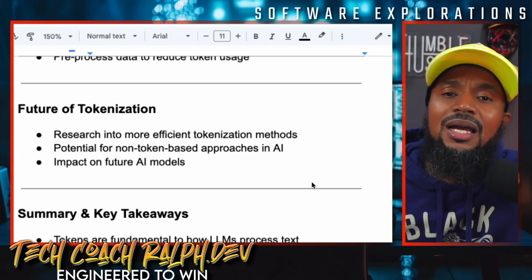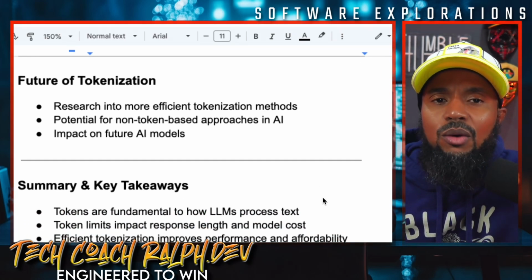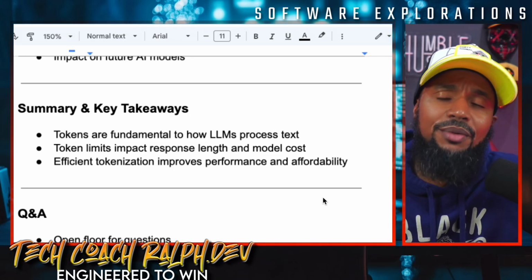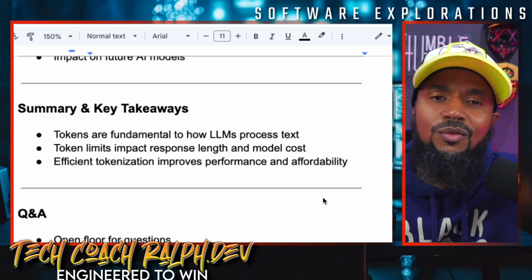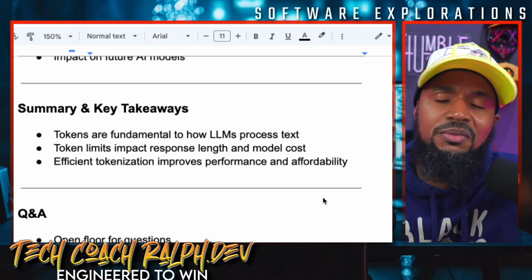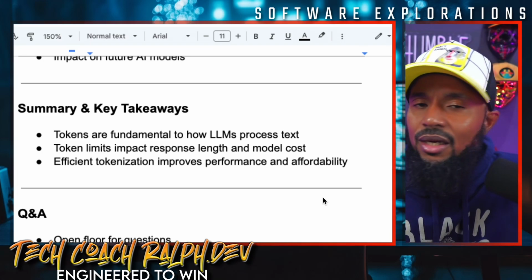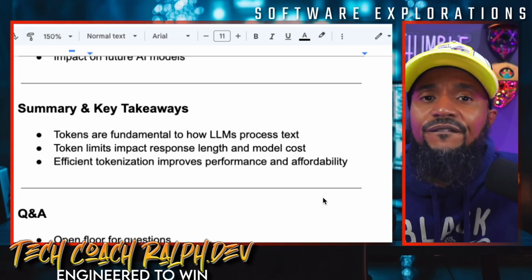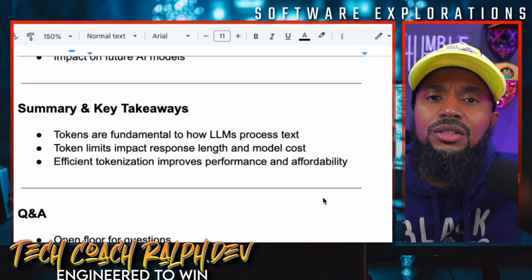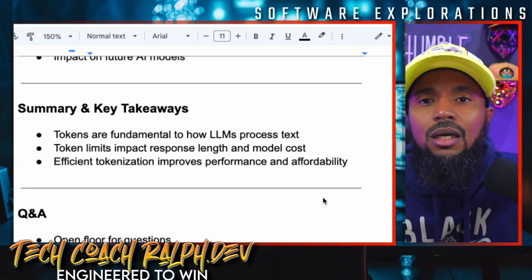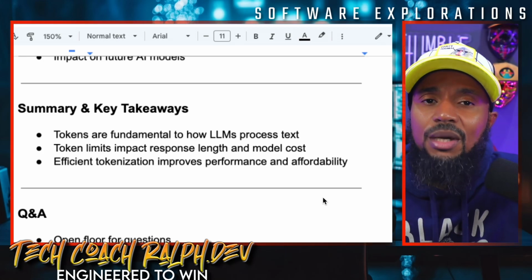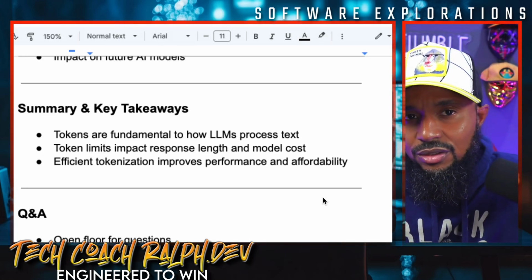All right, so that is where we're at. So let's wrap it up with this. Basically today we had a quick overview of what large language models are. We've spoken about that quite a bit. But tokens are fundamental to how large language models process text. Like we spoke about, they break text up into words, subwords, and characters.